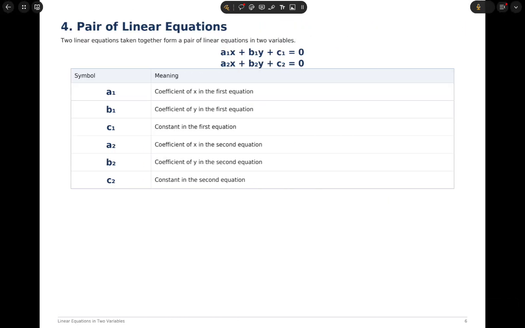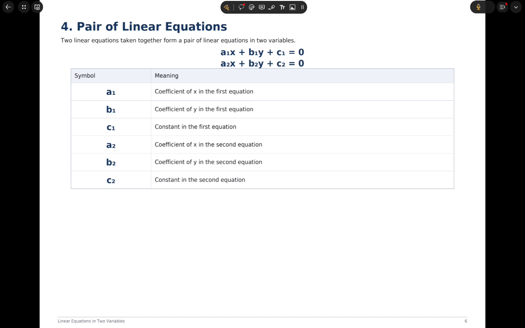Then comes the pair of linear equations. Here two equations represent the pair of linear equations of two variables, where a1 is the coefficient of x in equation 1, b1 is the coefficient of y, and c1 is the constant for equation 1.